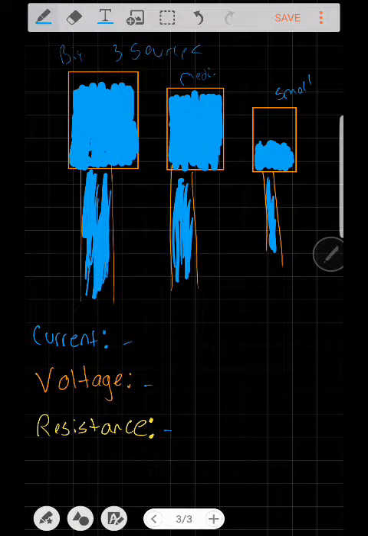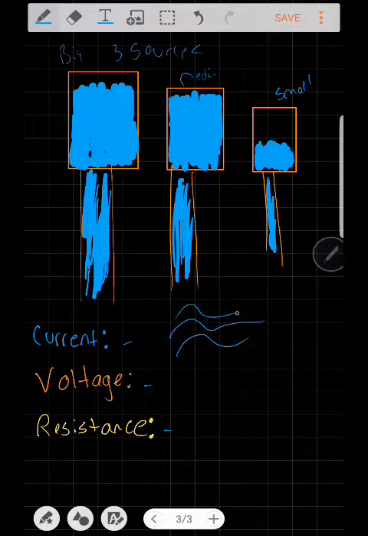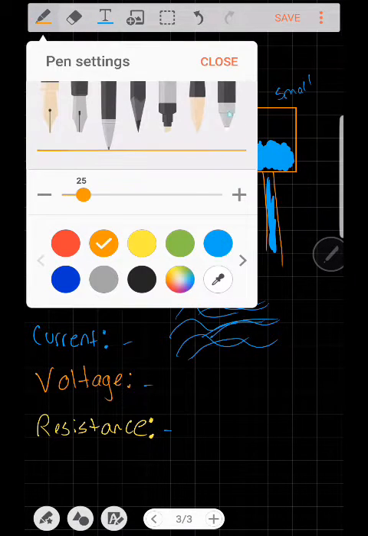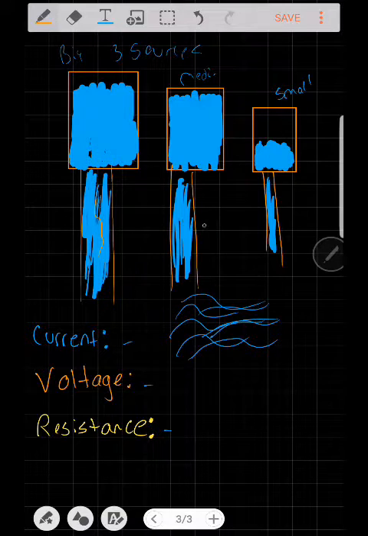When you think of current in a stream or a river, you think of how fast it is, and a fast current means there's lots of water flowing through. Now, if you look through here, which one has more water flowing through, the bigger pipe, the medium pipe, or the small pipe? Obviously, there's more water flowing through the bigger pipe. All this means is that there are more gallons of water passing through a specific point at a given time.